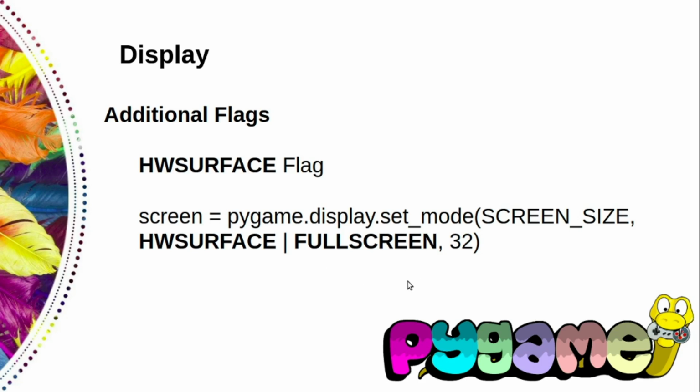Like you can pass screen size, okay, and here HWSURFACE | FULLSCREEN. Hardware surfaces can be faster than surfaces created in the system memory because they can take advantage of more features of your graphics card to speed up blitting.